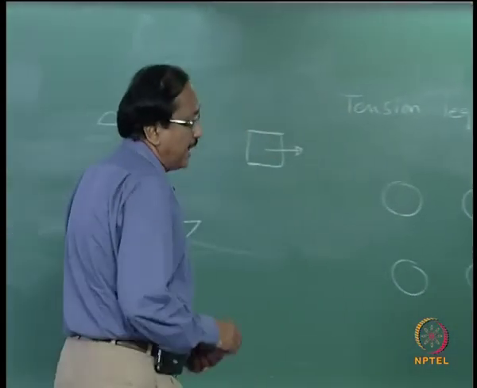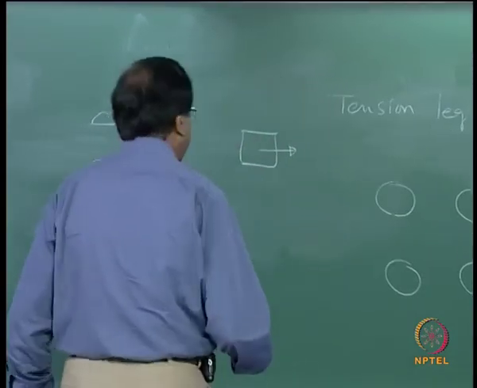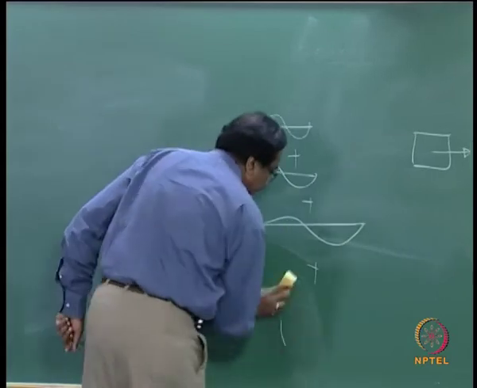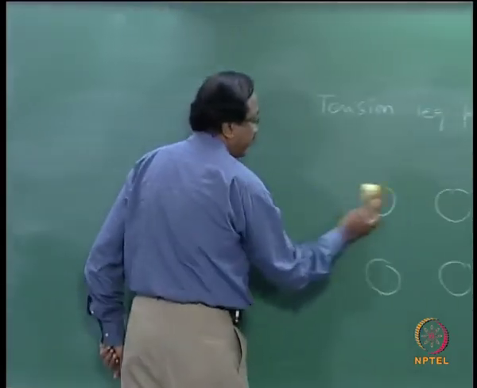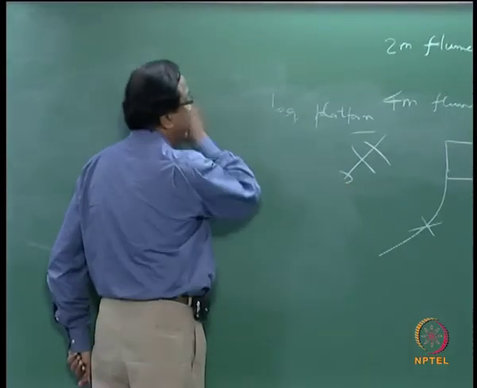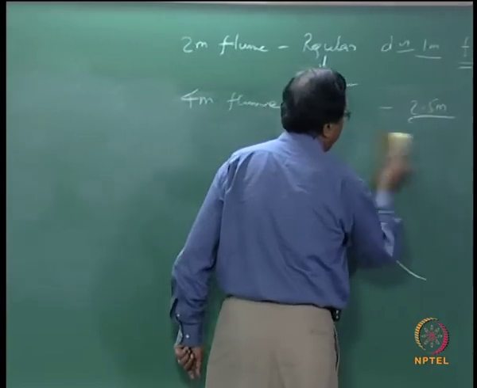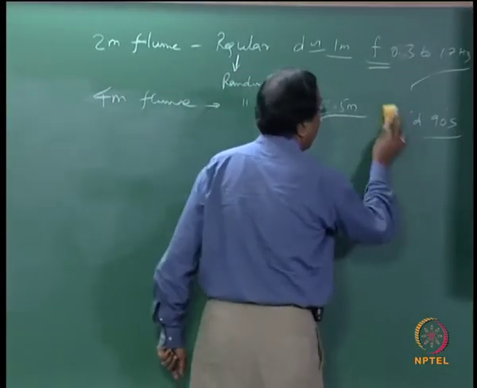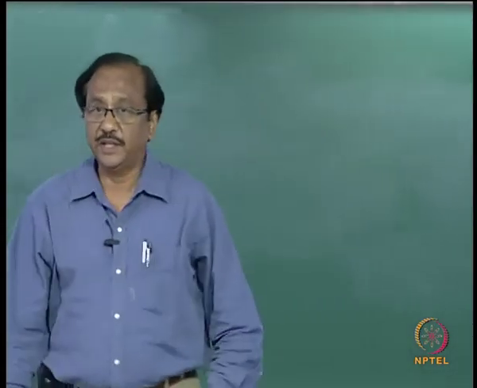At that point of time there was a need felt that we need to now move on to directional waves, number 1. Number 2, we also need a facility to cater to the port industries, port and structures related to coastal engineering.